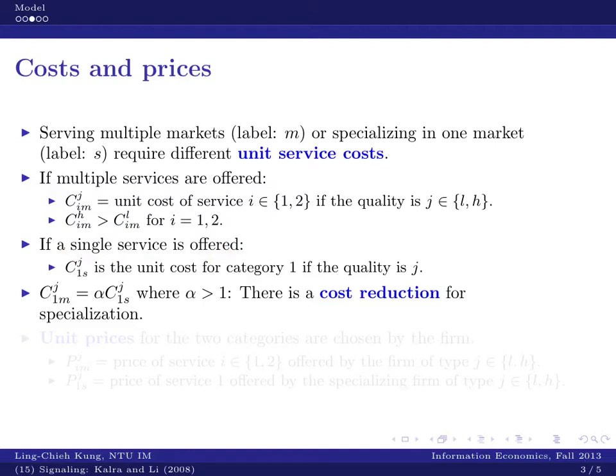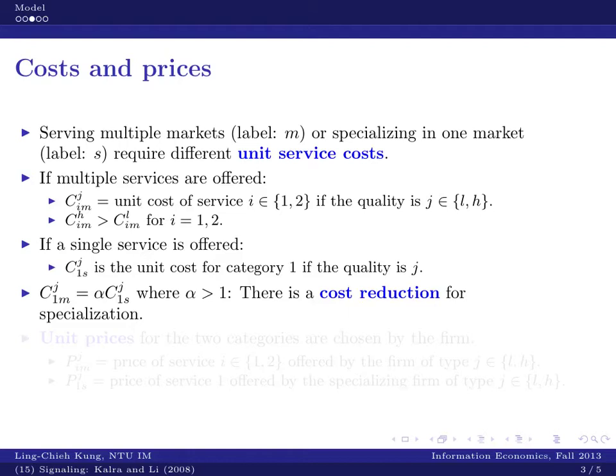If we only provide a single service, then the index here becomes S. And because we only care about service 1, there's only C_J1S as the cost term. In this case, that's the cost for category 1 if the quality is J. J is, of course, L or H. Here, we assume that C_J1M is exactly alpha times C_J1S, and alpha is a number greater than 1.